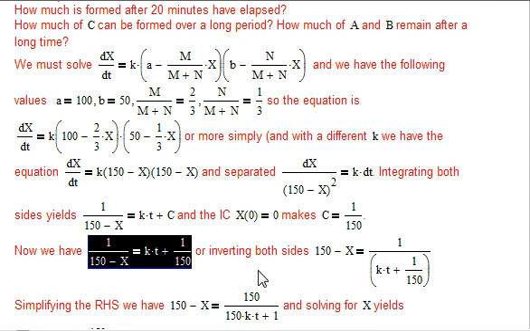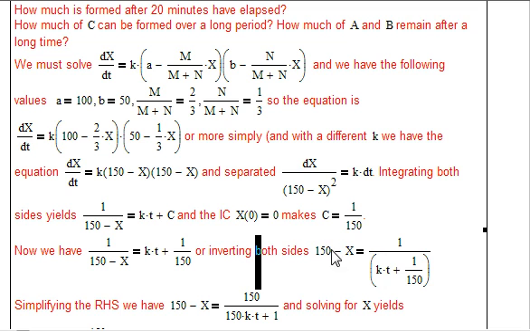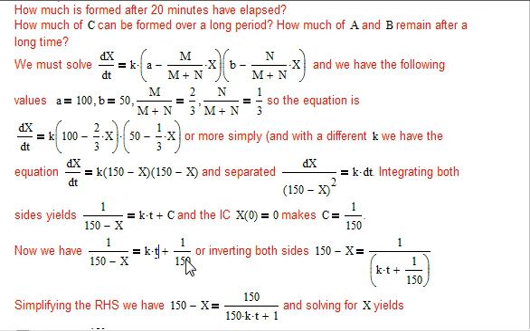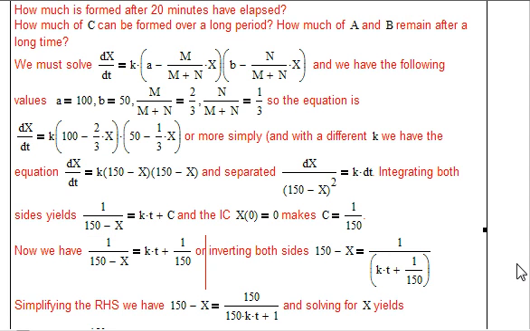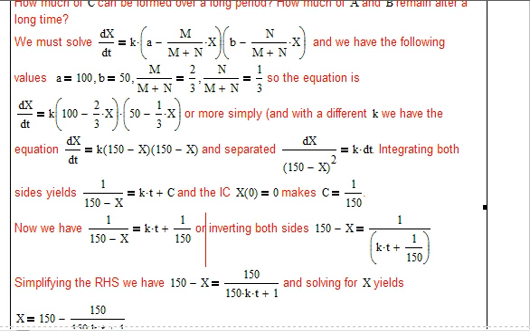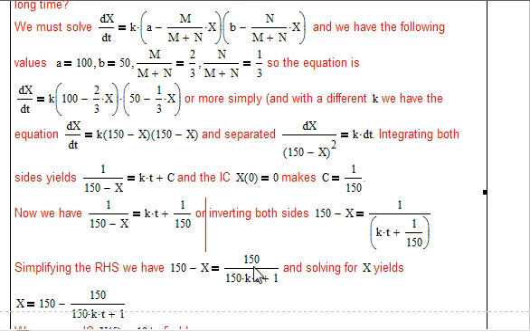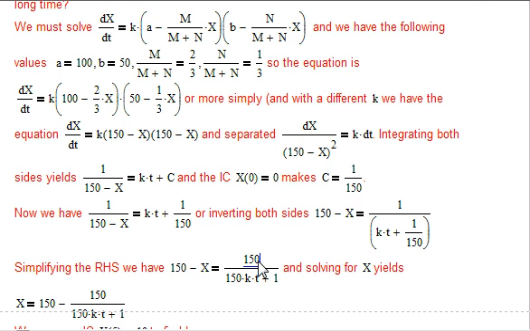And we can invert both sides, and in that case we'd have 150 minus x equals 1 over kt plus 1/150. Just take this whole equation, stand on your head and look at it, it'll look like that. Simplifying the right hand side a little bit, we can multiply by 150 over 150, which is of course just 1, so we get 150 minus x equals 150 over 150kt plus 1.